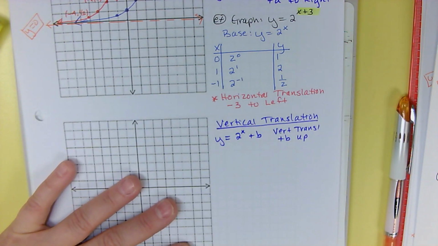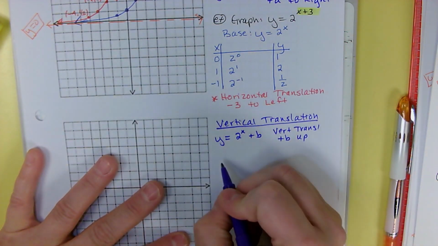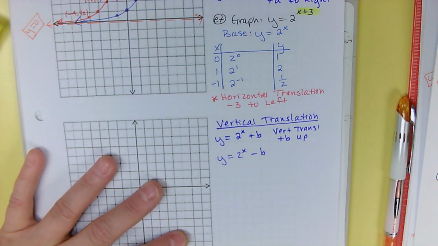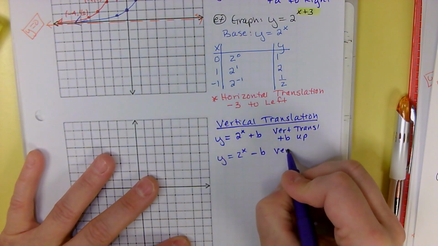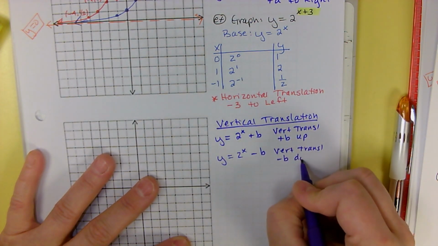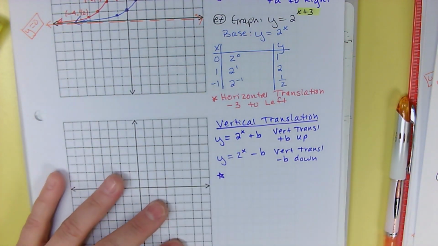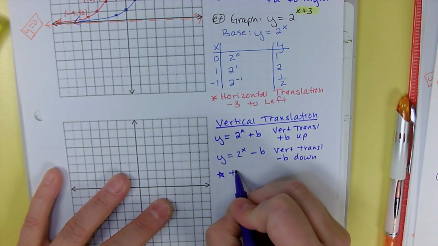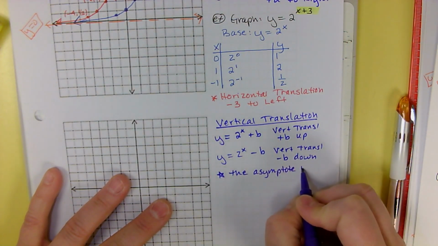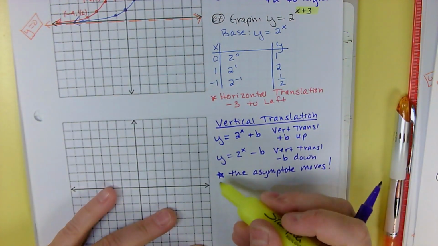Unlike horizontals where it's opposite, verticals are what you see is what you get. So if we have y equals 2 to the x minus some number b, that's going to be a vertical translation minus b down. Now, this is important. When you move the graph up or down, the asymptote moves with the graph.